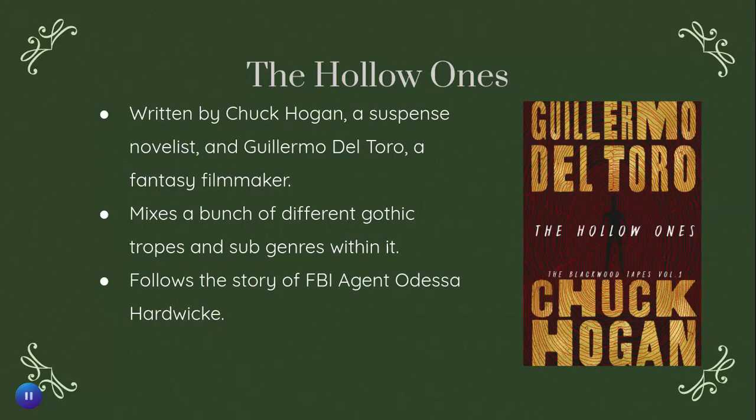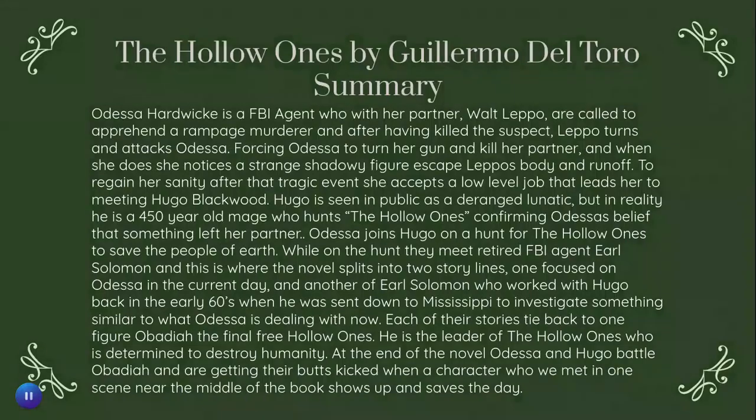But the whole story mostly revolves around FBI agent Odessa Hardwick. So here's just a quick summary. You don't have to read it all. I'm going to read it. So Odessa Hardwick, who we talked about earlier, is an FBI agent who, with her partner Walt Lepo, is called to apprehend a rampage murderer.